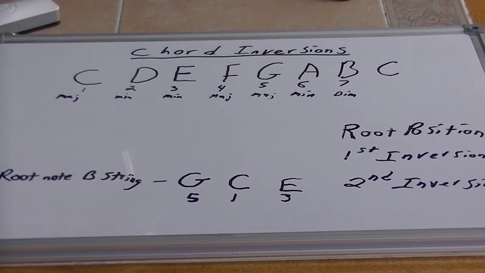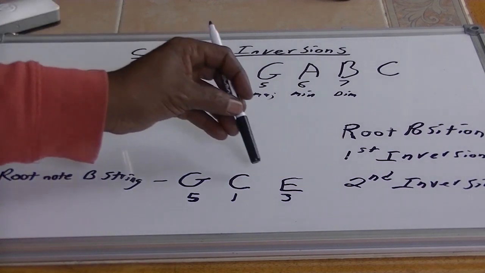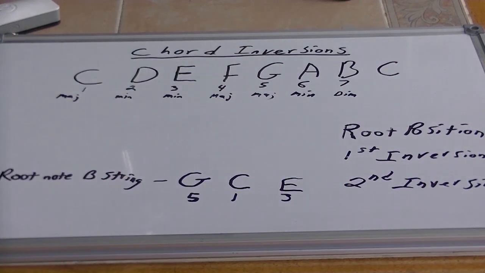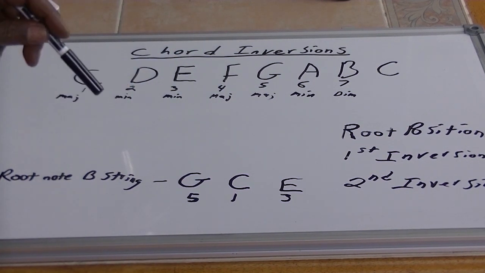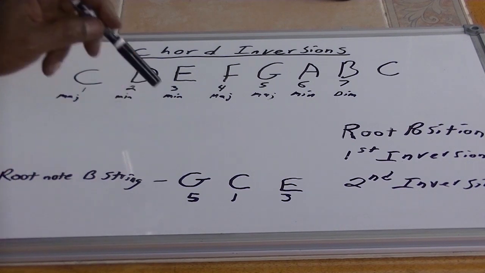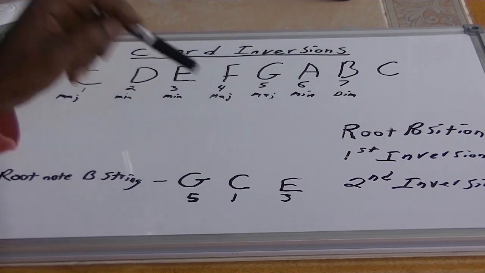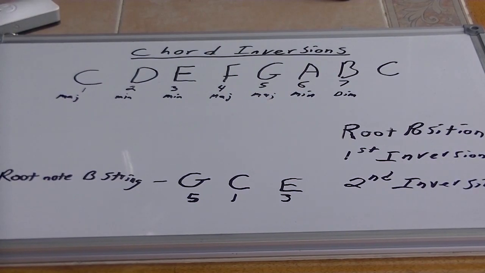So for example, in a C minor chord, we would have E flat for our note instead of E. But what is important to understand is that if we had a minor chord, then the order of the notes, starting with the G string and working our way to the B string, would be the fifth on the G string, the root note on the B string, and then the note on the E string would be the flatted third.